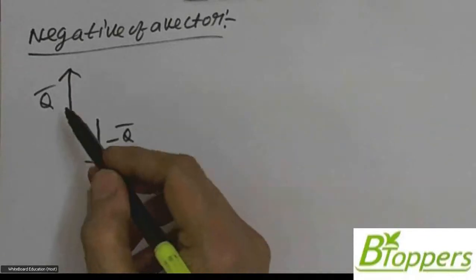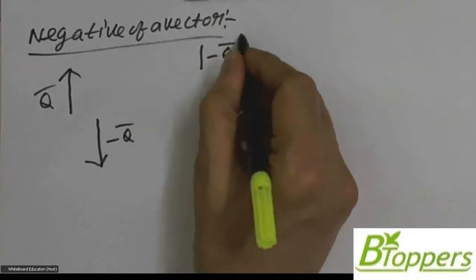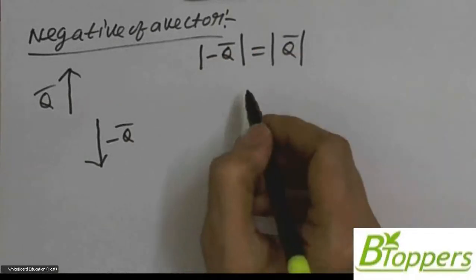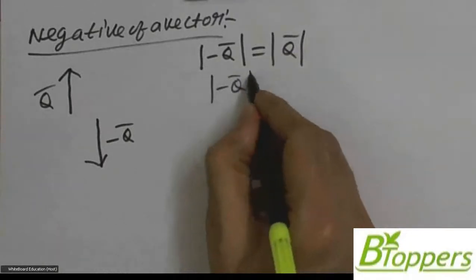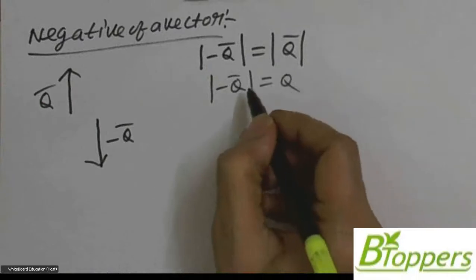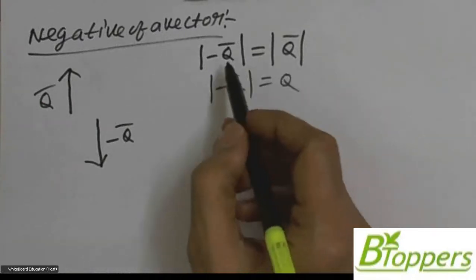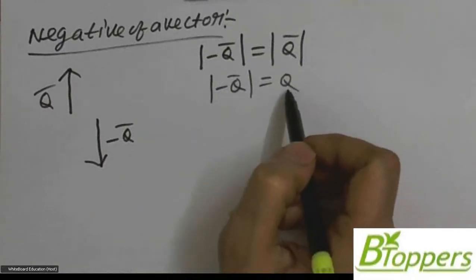Therefore, if q bar is a non-zero vector, we can write mod of minus q bar is the same as mod of q bar. And the modulus of vector q bar can be written as q. That means the modulus of vector minus q bar can also be written as q.